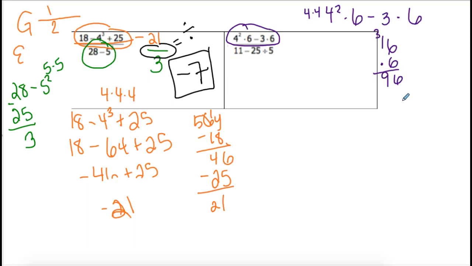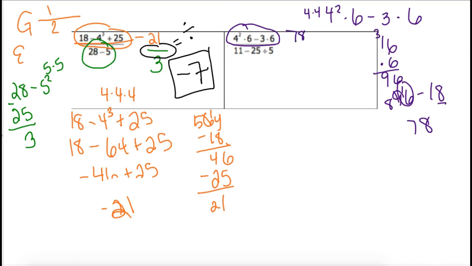So that means I have 96 minus 3 times 6, which is 18. I'm going to borrow from the 9 to make this 16. 16 minus 8 is 8. 8 minus 1 is 7. So on the top, I got 78.